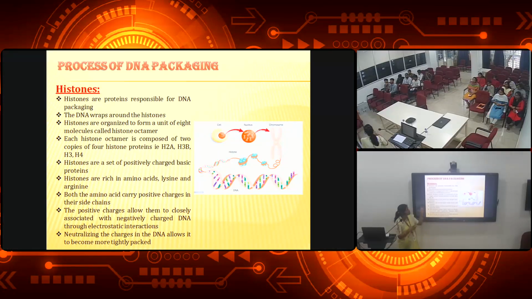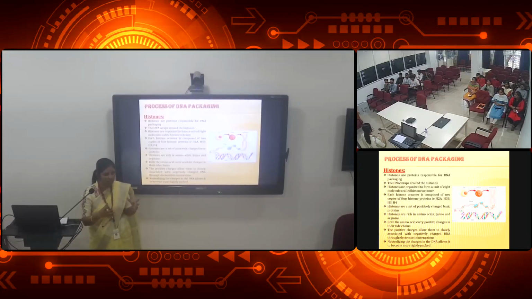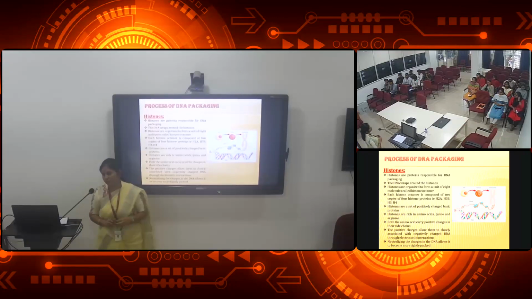How does the packaging of DNA take place? Generally the cells produce histone proteins. Generally வந்து ஒரு செல் பாத்தீங்கன்னா it produces histone proteins. Histone proteins are positively charged. The DNAs are negatively charged.